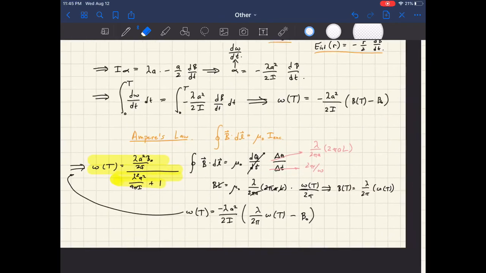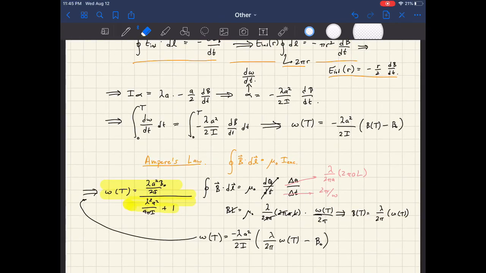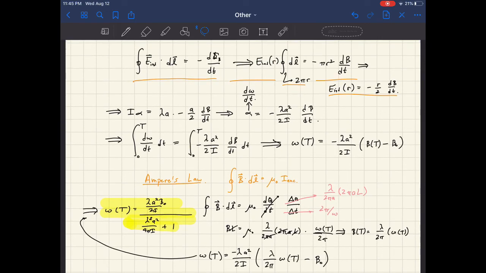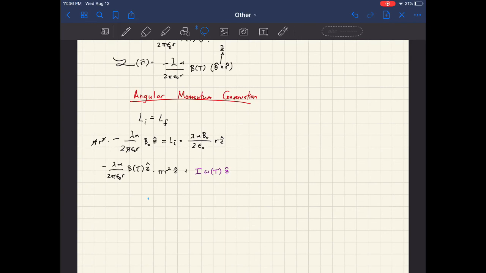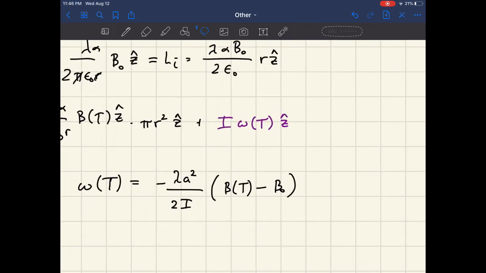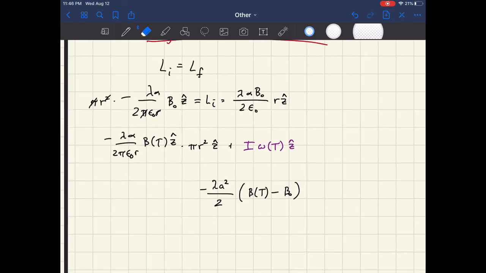Yikes. Okay, you can go right here and copy and paste this formula. There we go, that's the right formula. So actually this is fine. We have this cancellation of the moment of inertia, and so that's going to be right there, times obviously z hat.